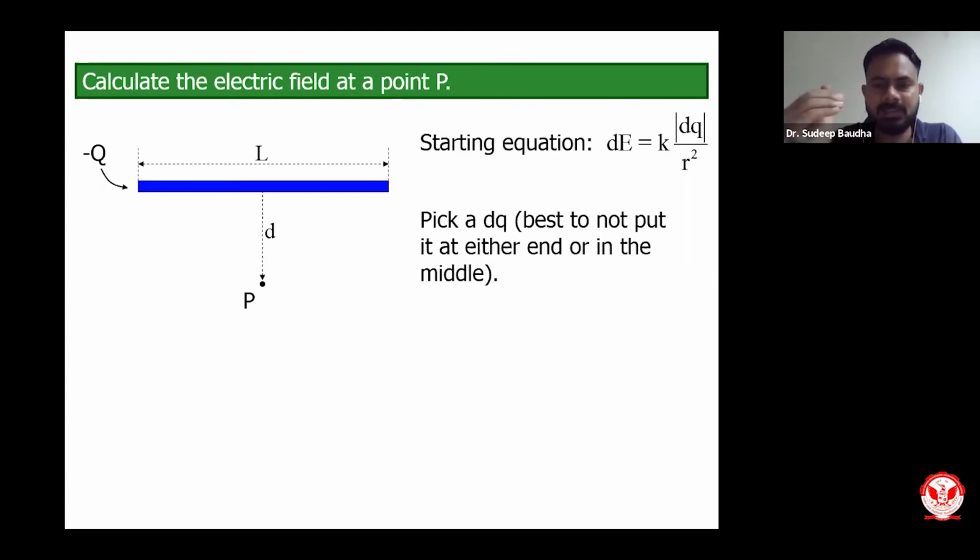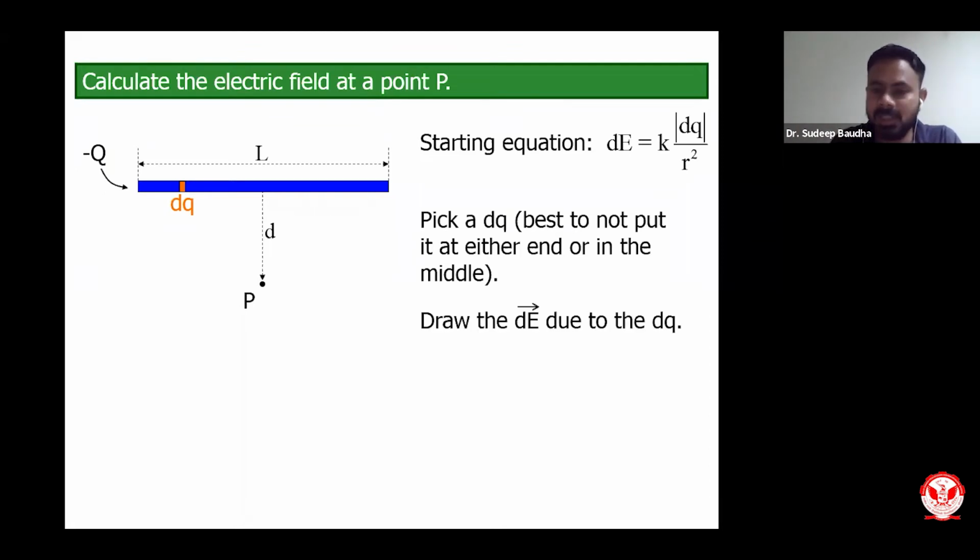Now my suggestion is, don't keep the dq either at the center or towards the end, because the center and the end will have a different sort of geometry. Instead, you pick somewhere away from the center or away from the end. So I am just demonstrating where I have picked up. I am taking dq, a small segment at that particular point.